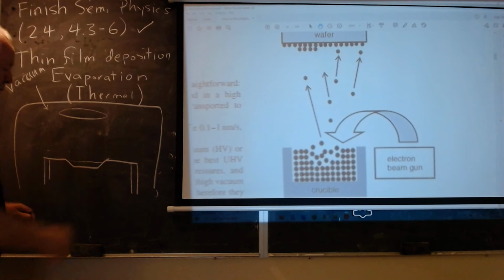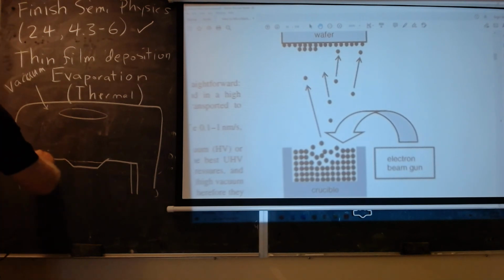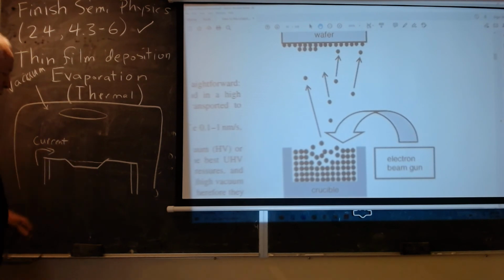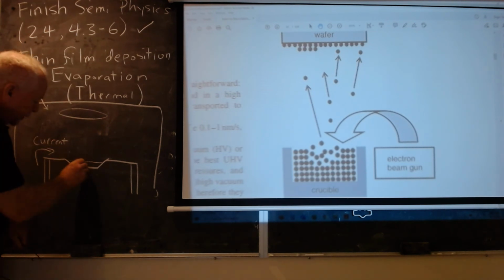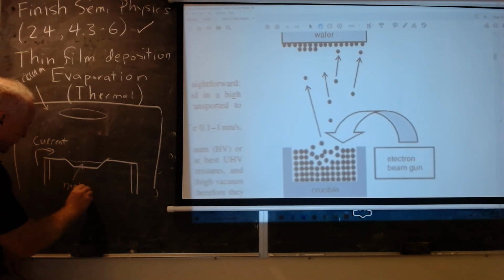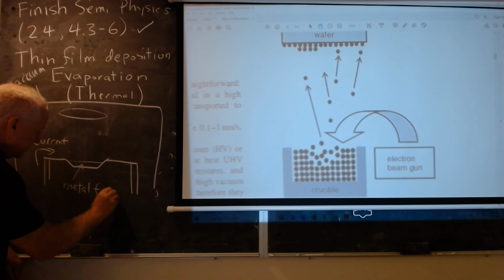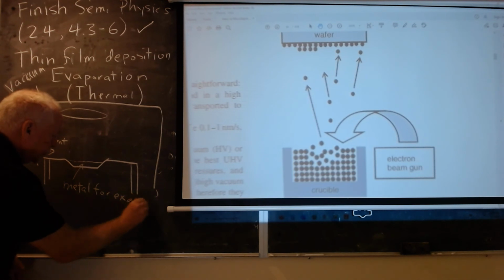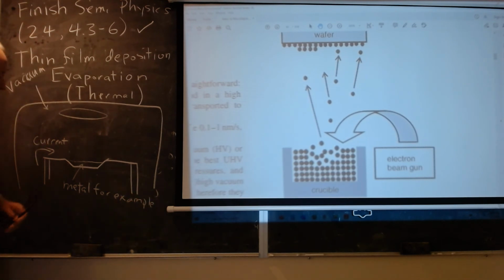So this is thermal evaporation, where basically you run a current through what's called a crucible, or usually it's called a boat in thermal evaporation. And basically you've put in your material here, which could be some metal, for example. And you start evaporating it.